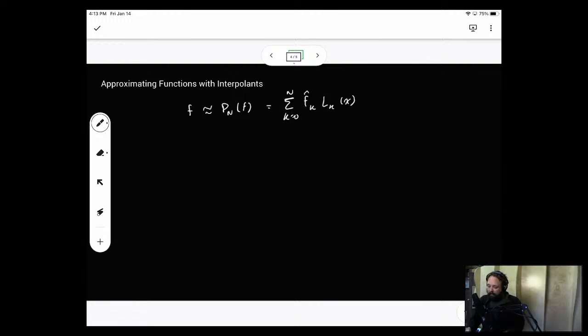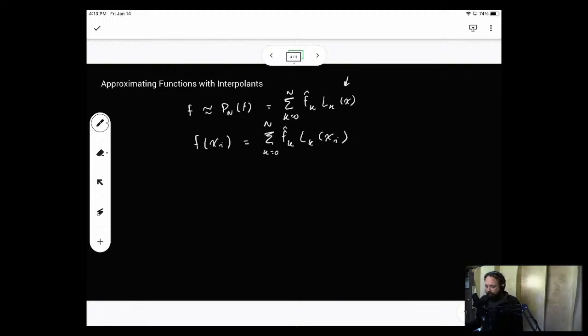Certainly, if I store the Legendre polynomials, or a function I can use to calculate them, and I store these modal coefficients, I can recover the solution on a grid. In other words, I can interpolate. I can get the function at some grid point x sub i by simply evaluating this decomposition at that particular point. And if I give it a grid, of course, I can recreate the solution on a grid.